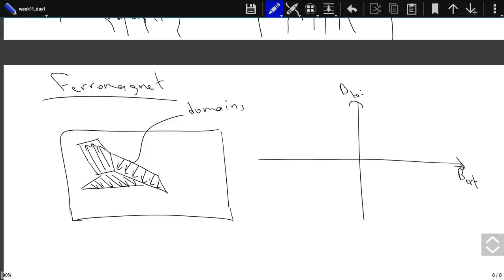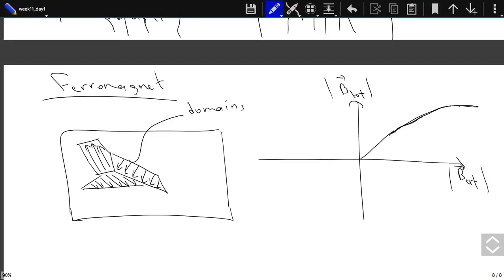This is the total magnetic field, let's say. If you apply an external magnetic field, the total magnetic field, the magnitude, increases very fast, until all the domains are in the same direction.